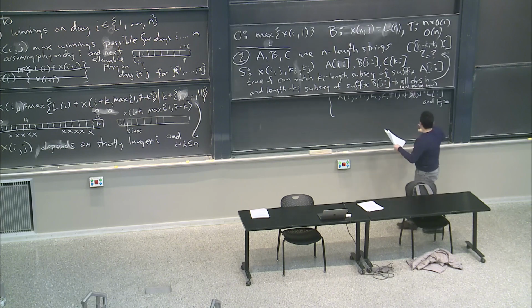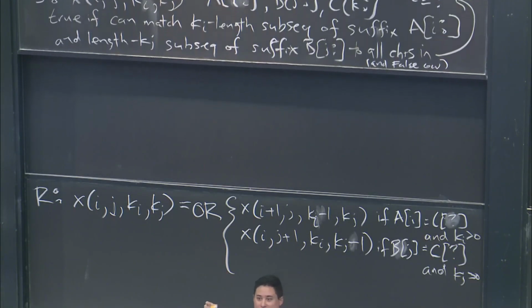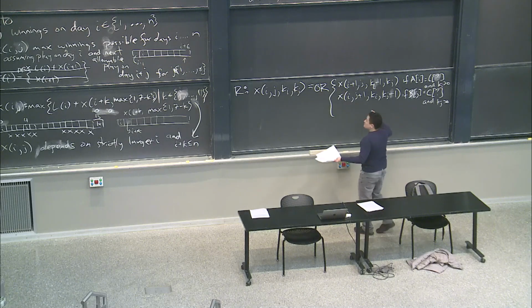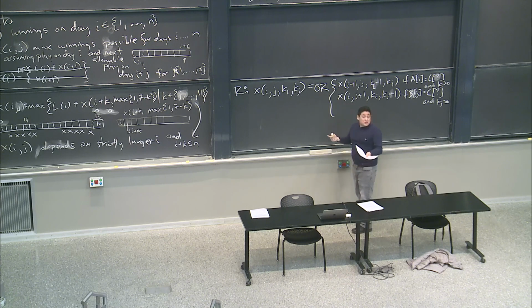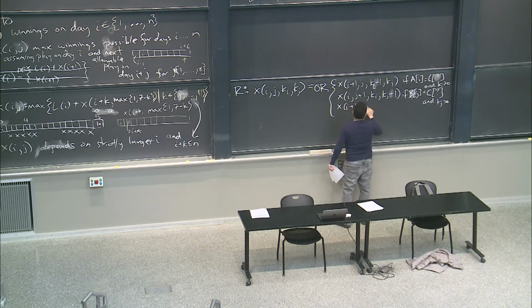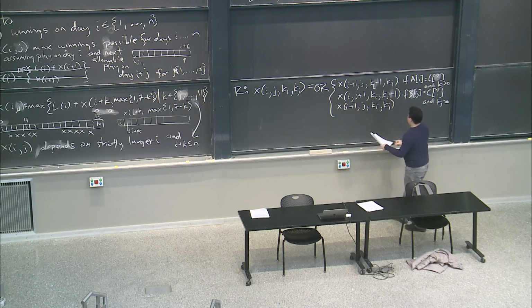Then we have 2 more choices. Either if I didn't match Ai, I may match Bj in the future, so I only want to reduce Ai. So x, i plus 1, I leave everything else the same. Assuming i is less than n, right?